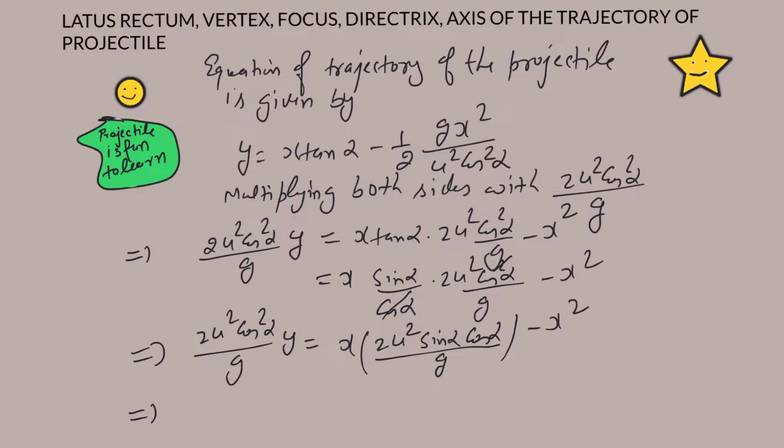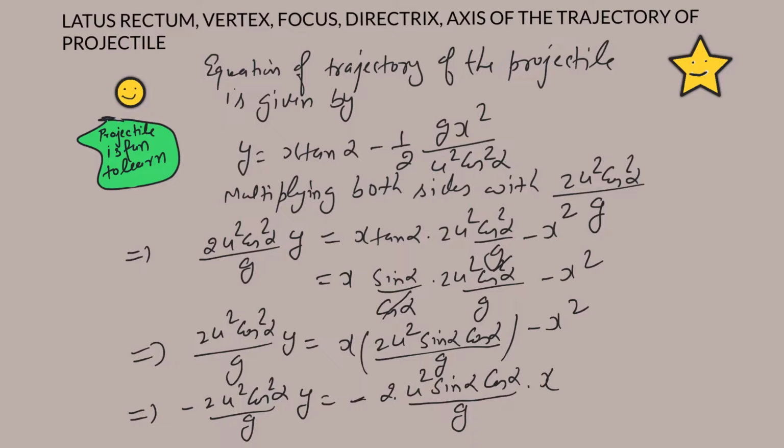Now this implies that we can also, instead of transposing the side, multiply both sides by minus 1. This will also make coefficient of x square as a positive. So this is minus 2u square sine alpha cos alpha by g dot x plus x square.